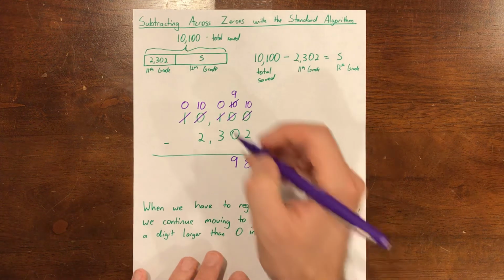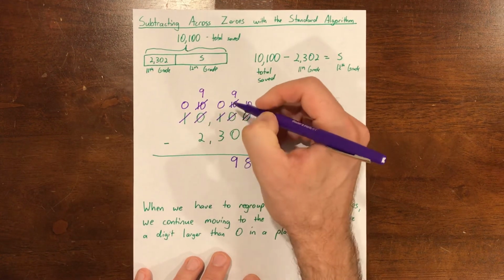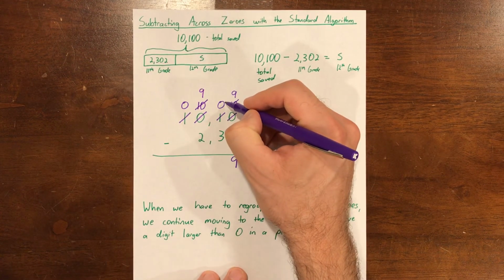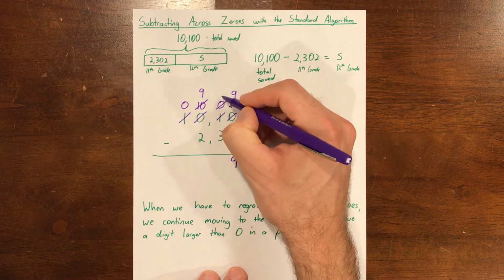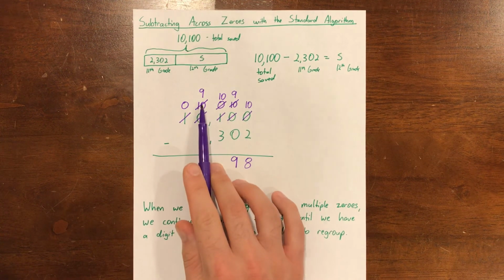Yeah, I can regroup one of those thousands, leaving me with 9 thousands, to make 10 hundreds. I add my 10 hundreds to the hundreds place, and now I have 10 hundreds. Great. So, my question is, why do I have a 9 here in the thousands place instead of a 10?